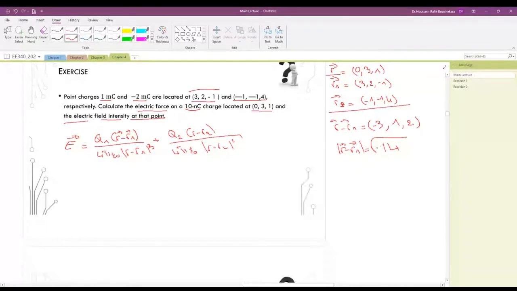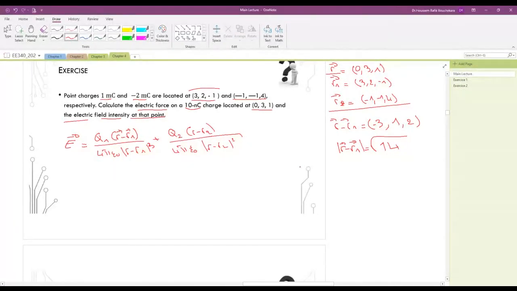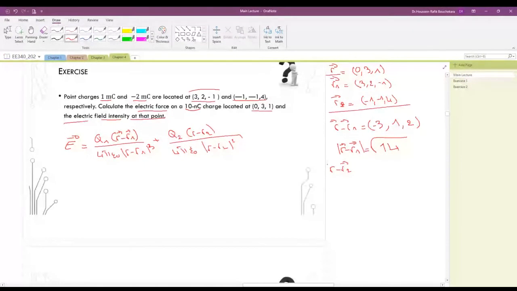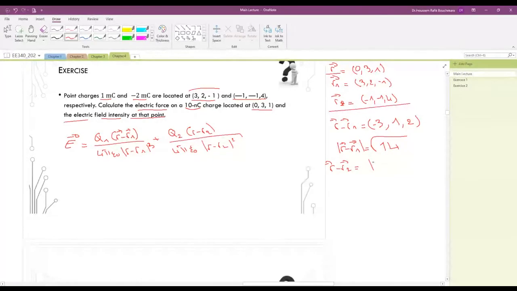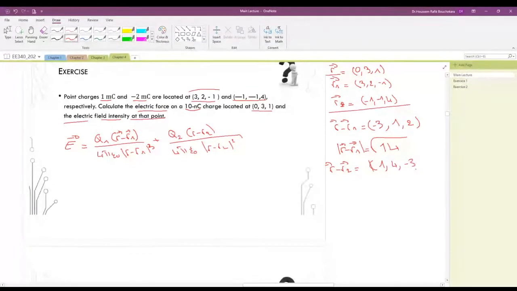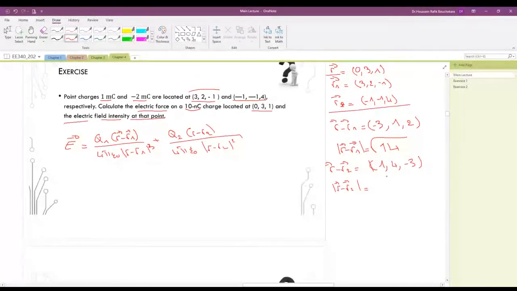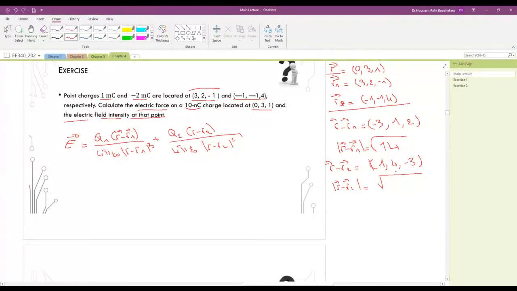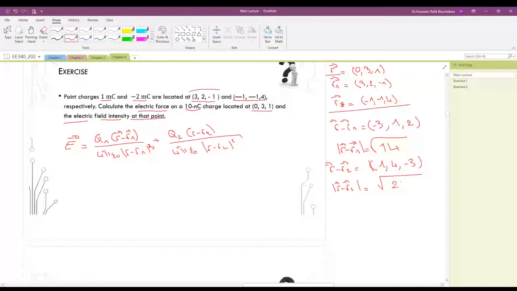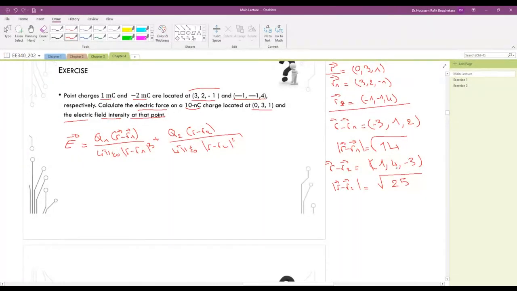Now R minus R2 equals what? (1, 4, minus 3). Right? Good.